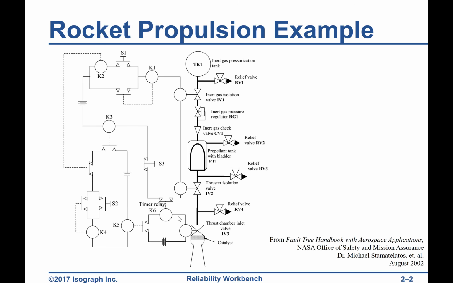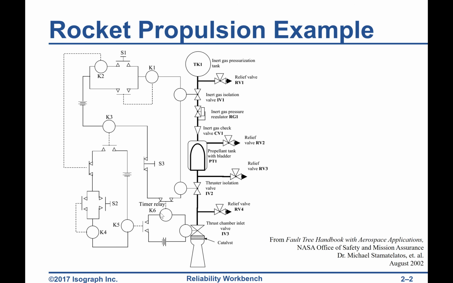The timer relay, K6, is pre-programmed with a set time for how long we want this propulsion to last. We need to thrust for 10 seconds or for 30 seconds, however long we need, it's been pre-calculated for how long we need to adjust our course.